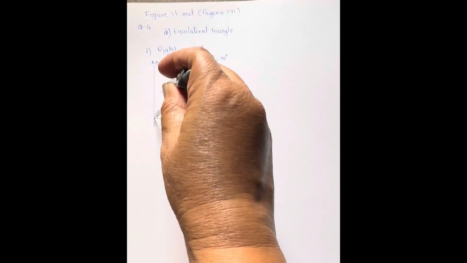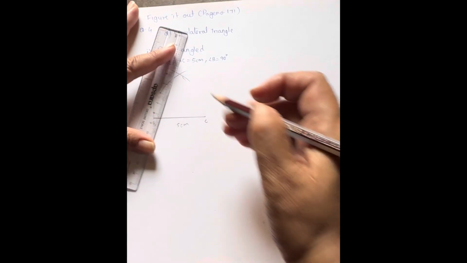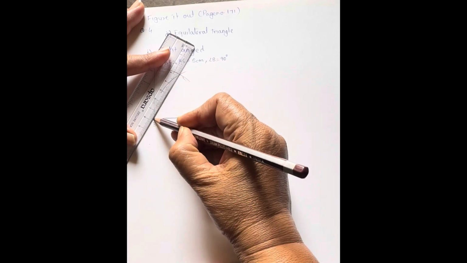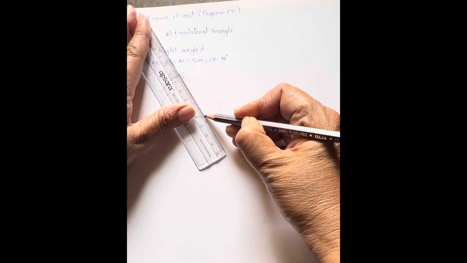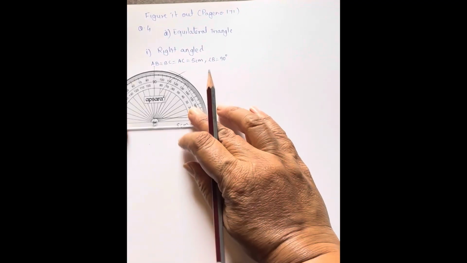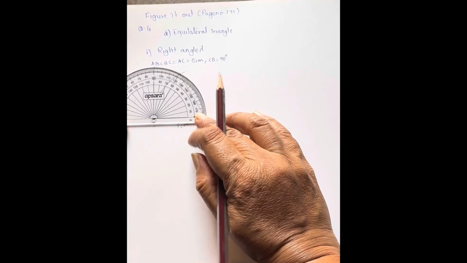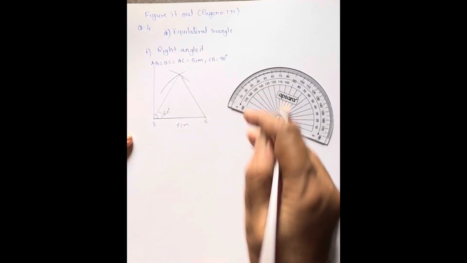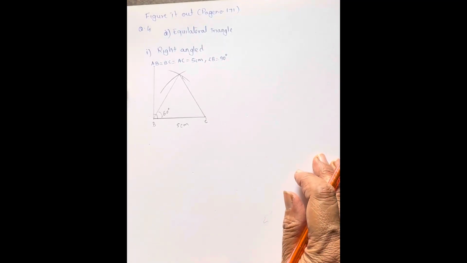Where is the point meeting? It is meeting somewhere else. Right? So we are not able to construct the triangle. The angle which we are getting is 60 degree. That also can be checked with the help of this. So the point of intersection, you can see this is 60 degree. Right? And 90 degree is this. This much is 60 degree. So it is not possible.